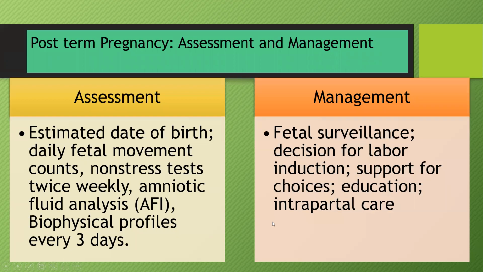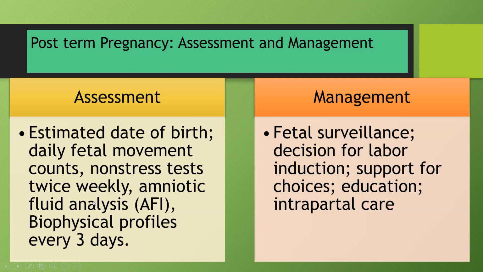When we are assessing this post-term pregnancy, again, we're going to be doing those non-stress tests, maybe an AFI, biophysical profile, to make sure this baby stays well oxygenated. Now, some moms choose to let nature take its course and wait until the apple is ripe and the baby is ready to come. If she has good support and good fetal surveillance, there's no reason why she can't do that.